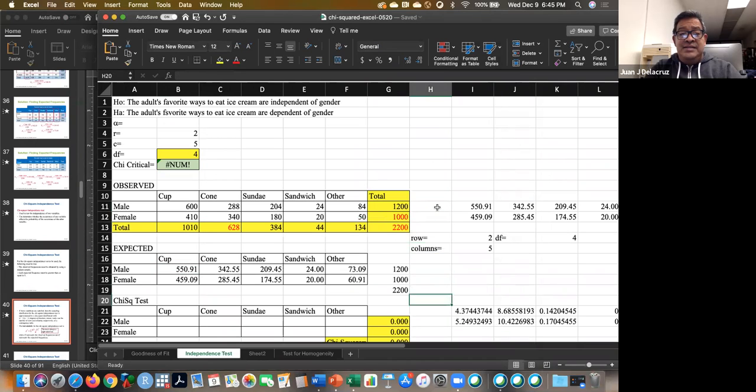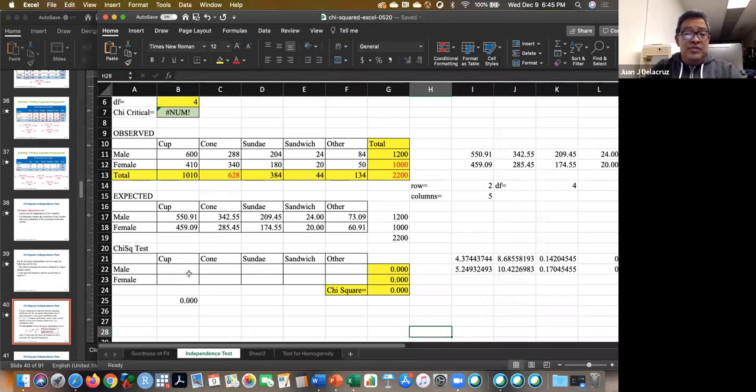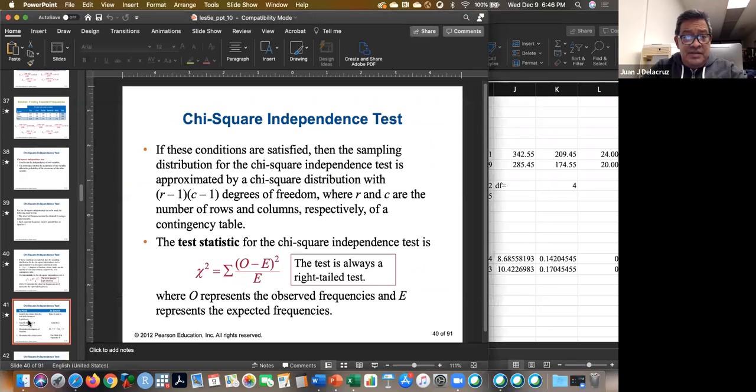This is equal to the observed minus the expected, then squared, and then divided by the expected, right? I think that might be, no, it's probably good. Let me see.